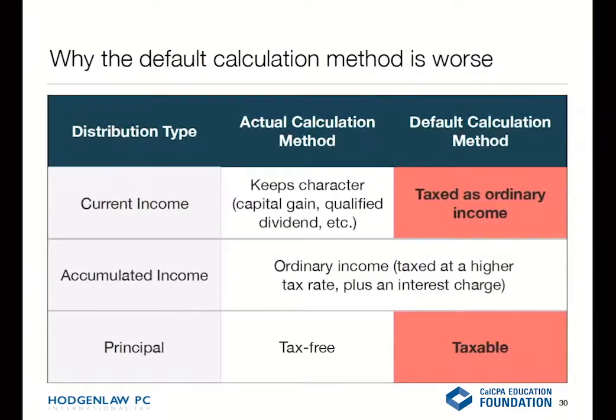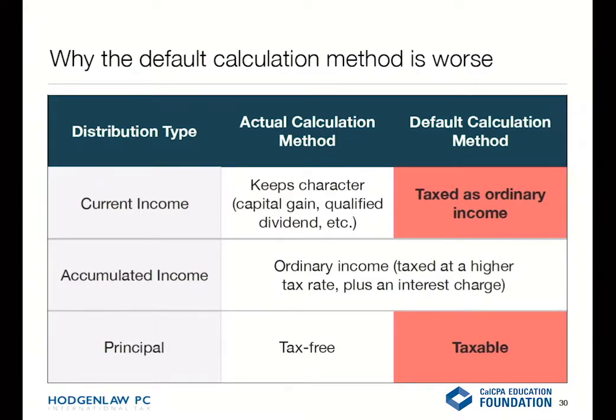And this little table here shows why the default calculation method is worse. So just to relate this to the terms that people normally use when they talk about income from trusts. Distributions can come from current income, or the word that people usually use is distributable net income, or DNI.